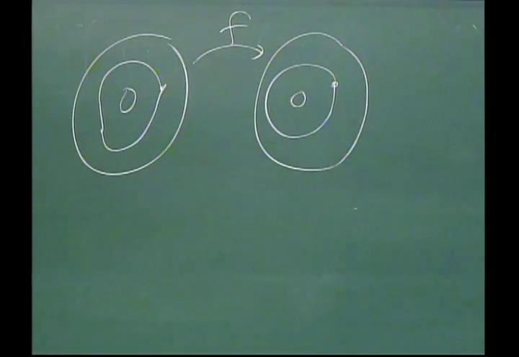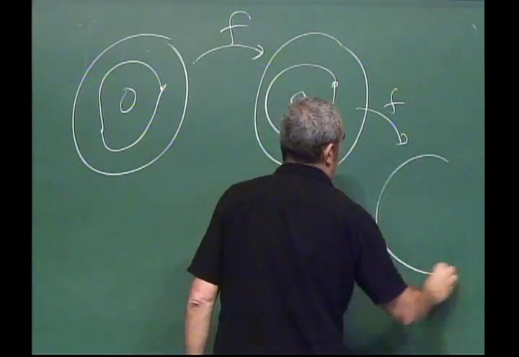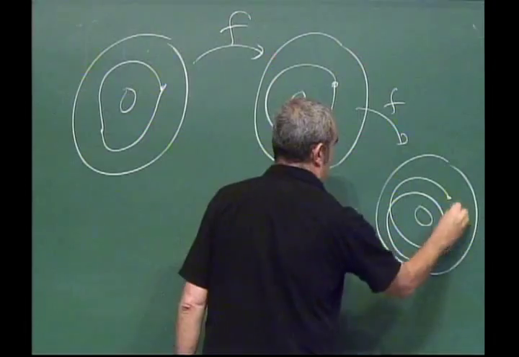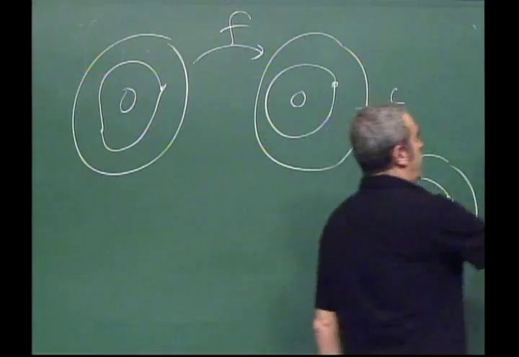So the preimage of a simple closed curve is also a simple closed curve. But the image of a simple closed curve, as I told you before, is something like that. So taking preimages is a little bit less complicated.